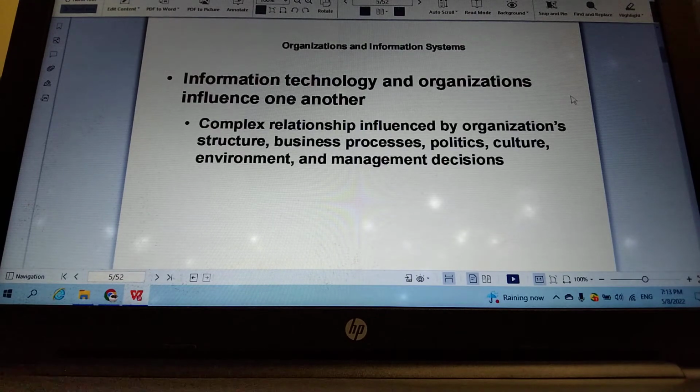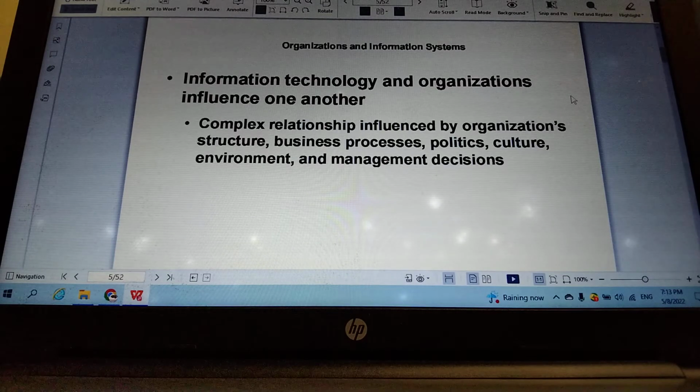That is how information technology and the organization influence one another. The reason is that there is a very complex relationship within an organization. As you can see, every organization is very complex.